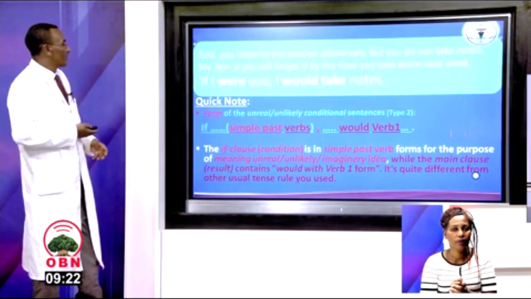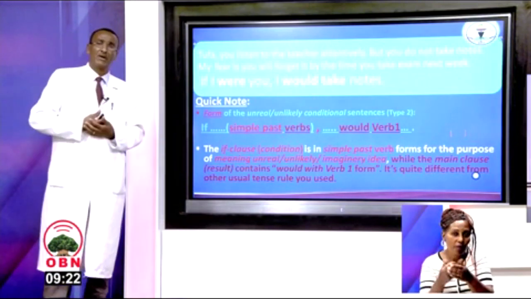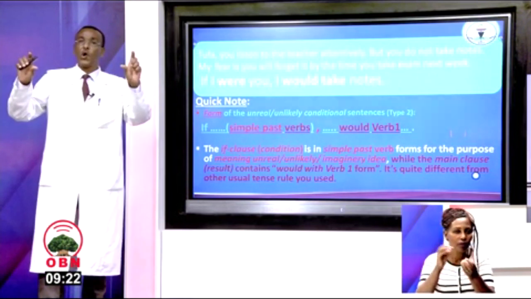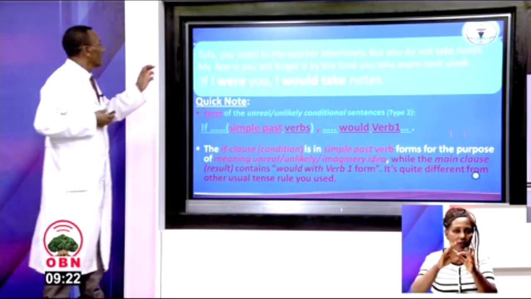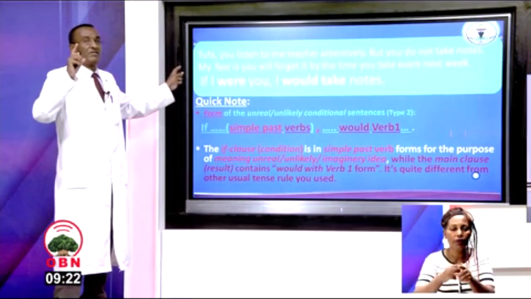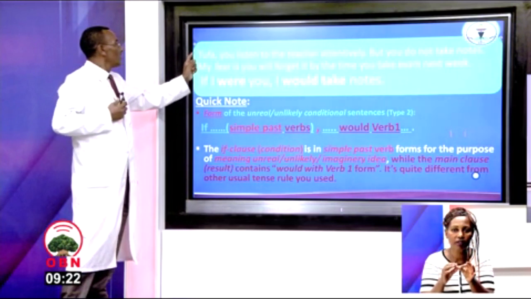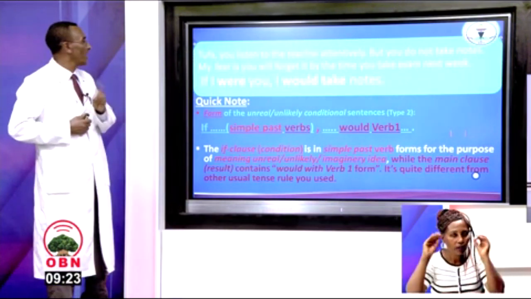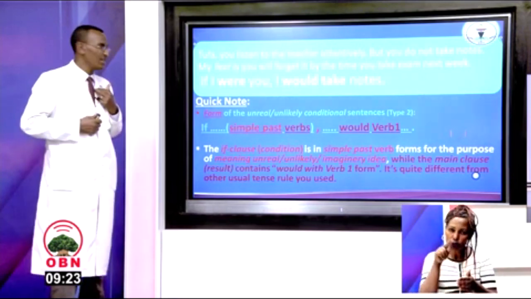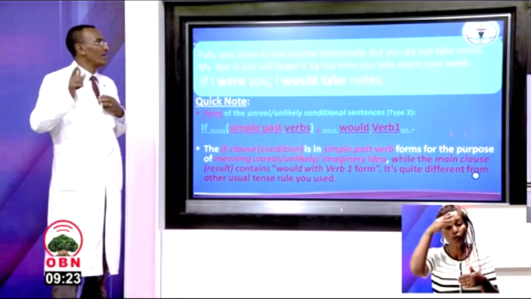Let's do more practice. Before practice, let me explain more about the structure or the sentence form. There's one more scenario before I do that. Excuse me. Tufa, you listen to the teacher attentively, but you do not take notes. My fear is you will forget it by the time you take the exam next week.